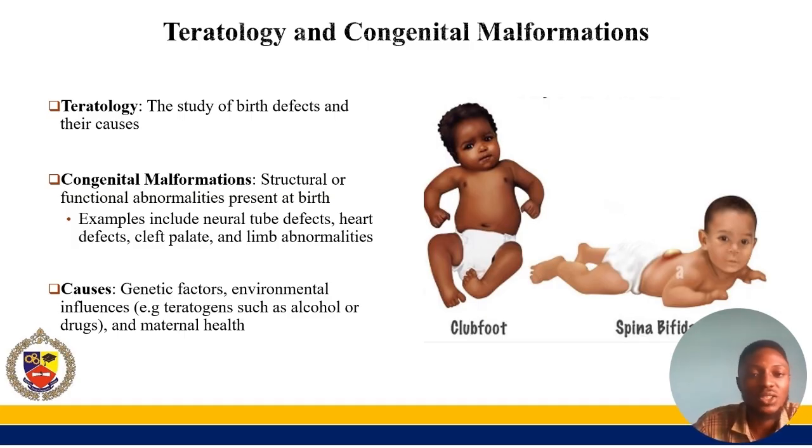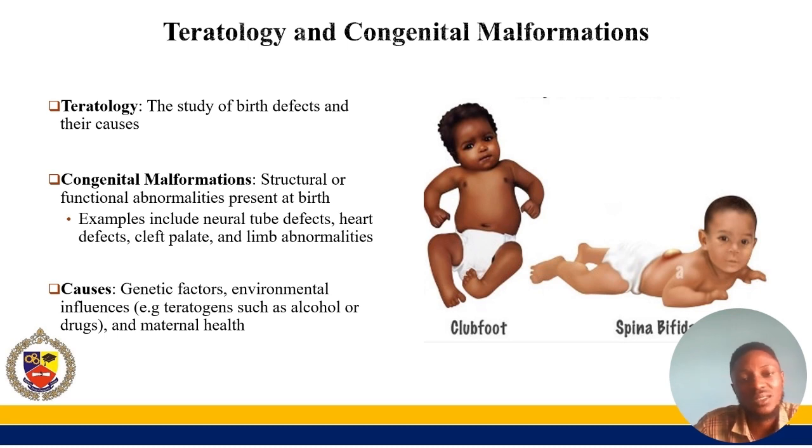So let's look at teratology and congenital malformation, which is the study of birth defects and their causes. As I said earlier, congenital malformation is a structural or functional abnormality present at birth. Examples include neural tube defect, heart defect, cleft palate and limb abnormalities, and also club foot and spina bifida. So let's look at the causes.